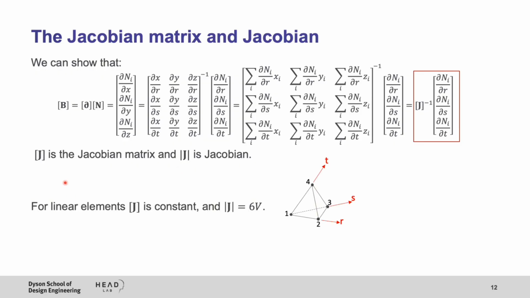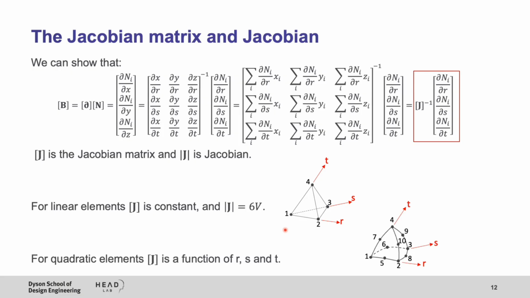For linear elements, J or Jacobian matrix is constant, and its determinant is 6 times the volume of the tetrahedral element that I have shown here. However, for quadratic elements, J is not constant anymore, and it will be a function of r, s, and t coordinates in the natural coordinate system.